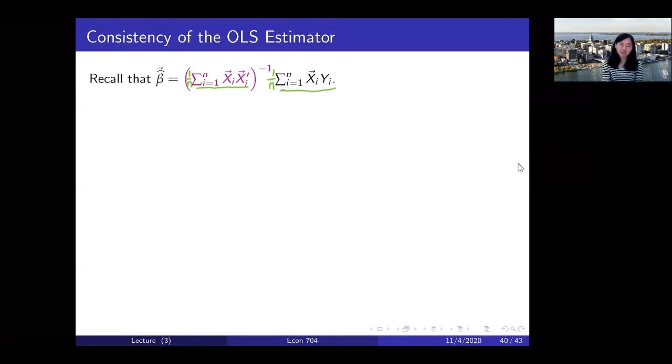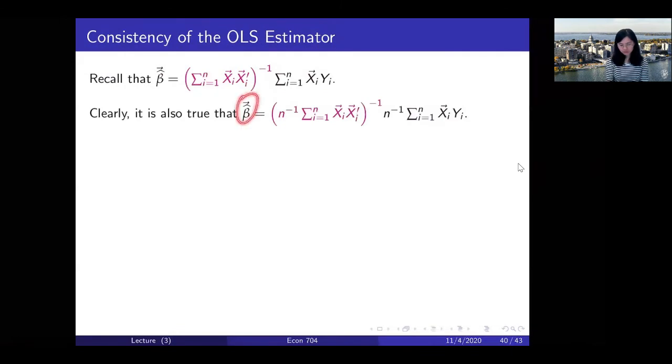Doing that will not change the value, because this 1 over n is multiplied to something that's inside the inverse. So what we are actually doing is multiplying by n, right? And if we multiply by n and then divide by n, the value of the expression doesn't change. So beta hat can be written in this form: the sample average of this random matrix, inverse, times the sample average of this random vector.